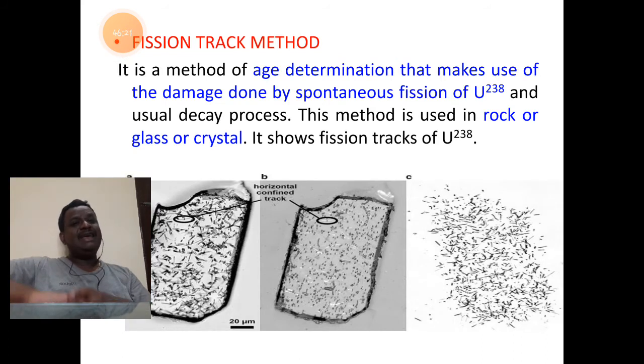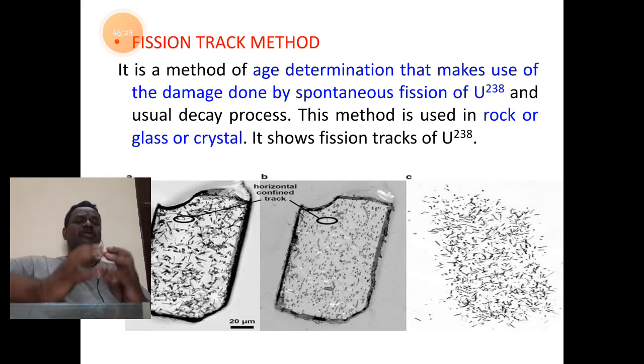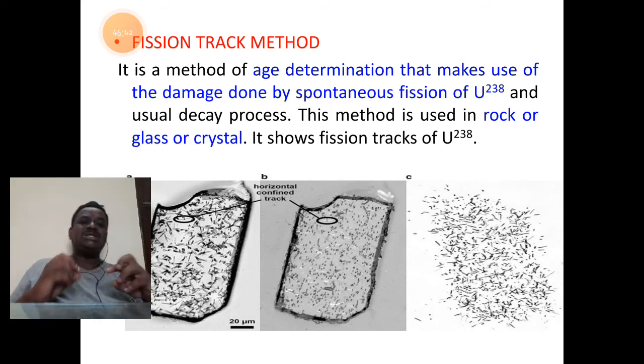The last method is the fission track method. This is the method which is associated with the spontaneous fission of uranium-238 and uranium-235. In the rocky layer, when uranium-238 breaks up to form lead and other elements, they form a track.